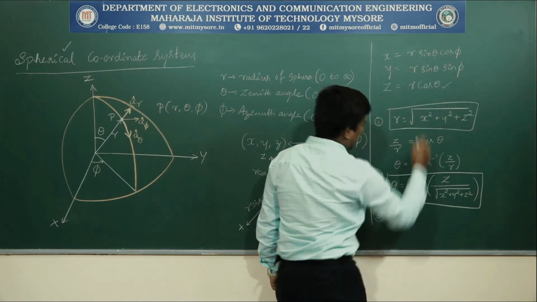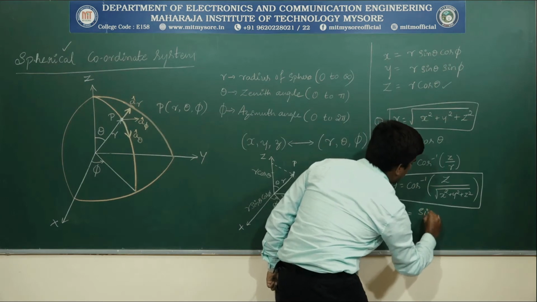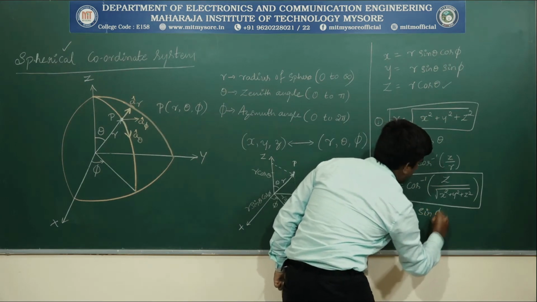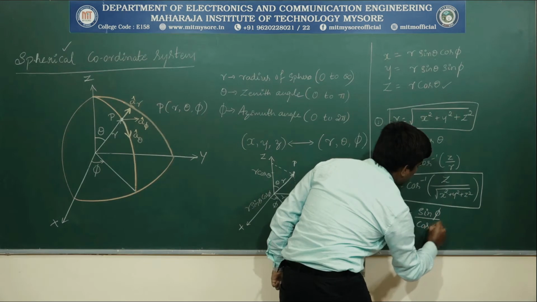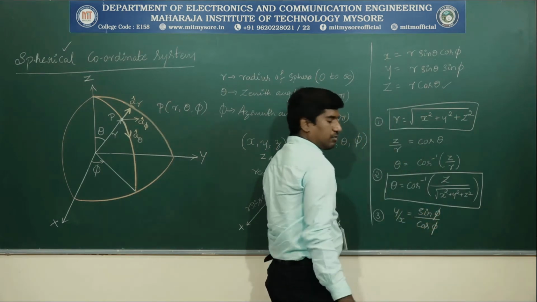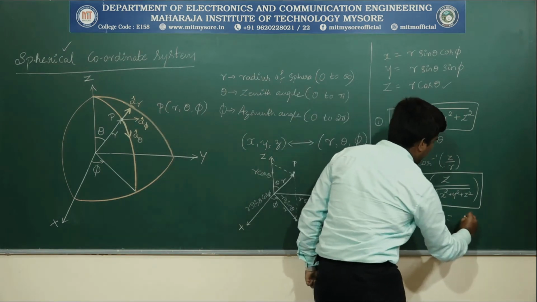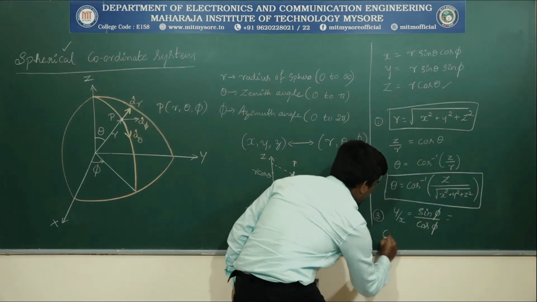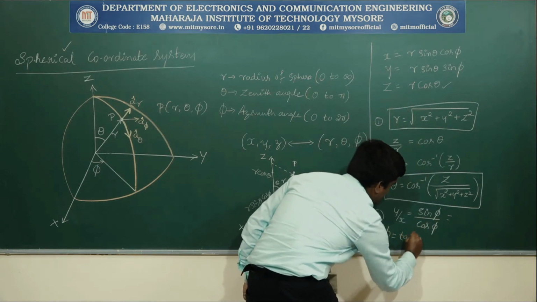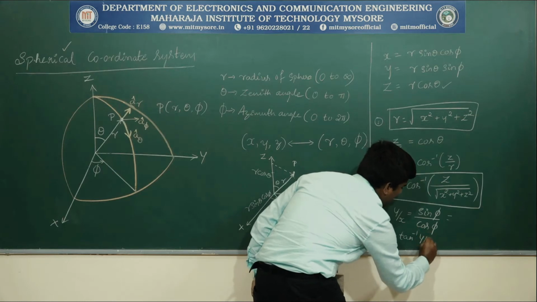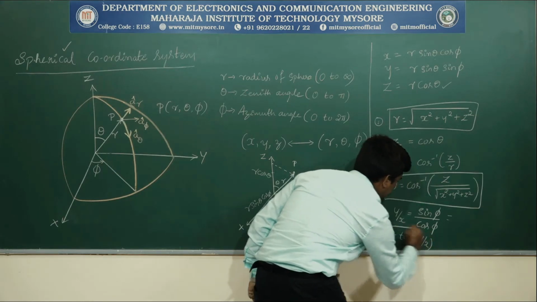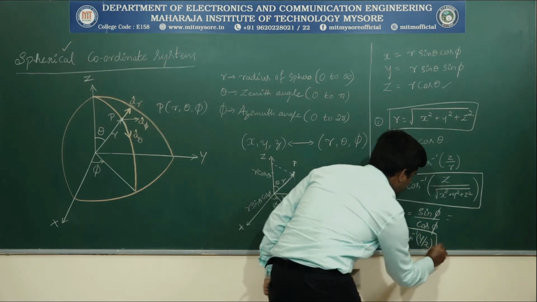These two components get cancelled. We are left with sin phi divided by cos phi, and sin phi by cos phi is equal to tan phi. Therefore, phi is equal to tan inverse of y by x. That's it. This is the third component.